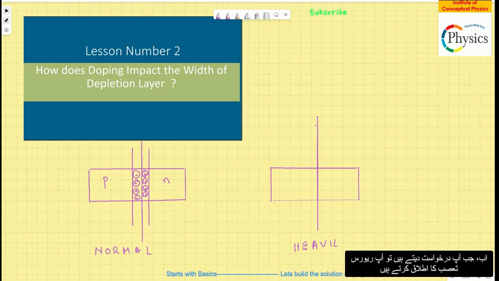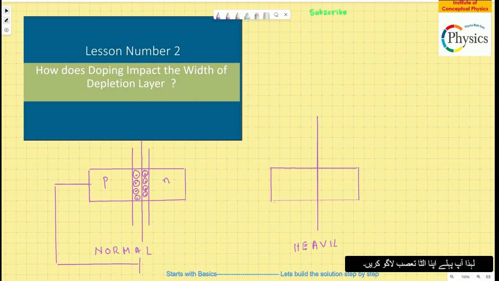Now when you apply a reverse bias to an ordinary one, this is open circuit first, and then you apply a reverse bias to it, right? First it was ordinary, so this is ordinary, and this is your reverse biased one.